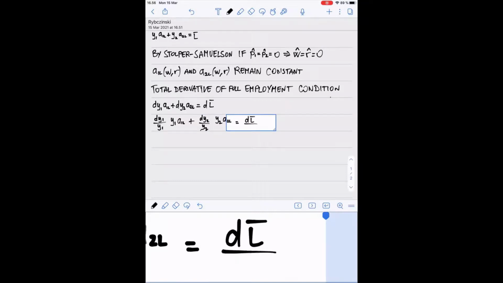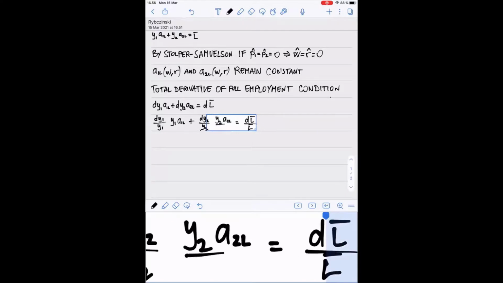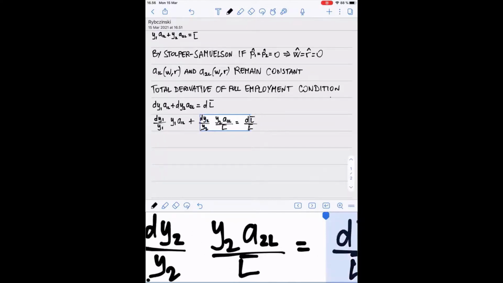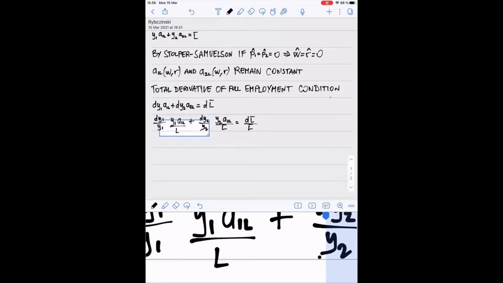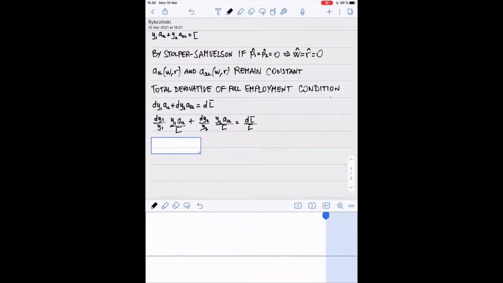We want to divide this by the total factor endowment L bar, but that also means that we have to divide it everywhere. So let's do that. And then we can write everything in terms of percentage changes.